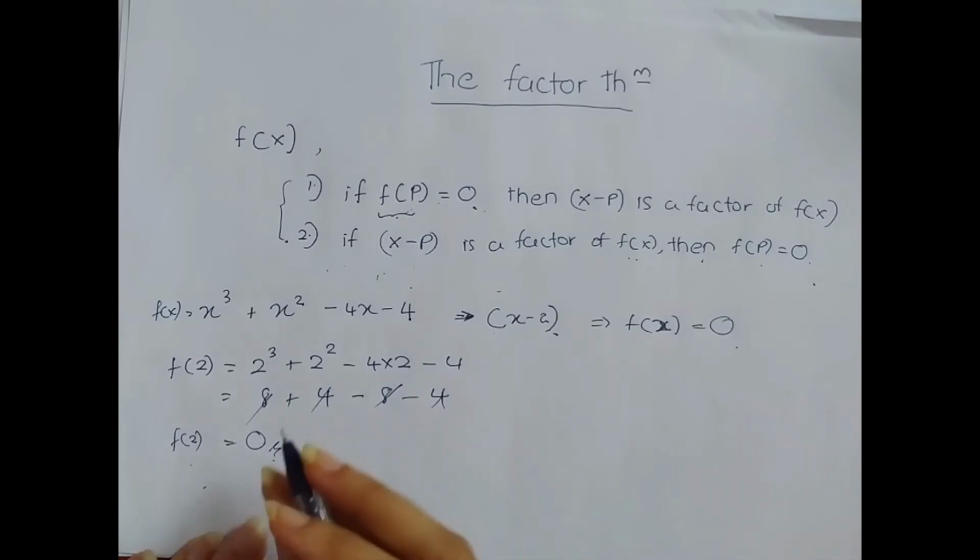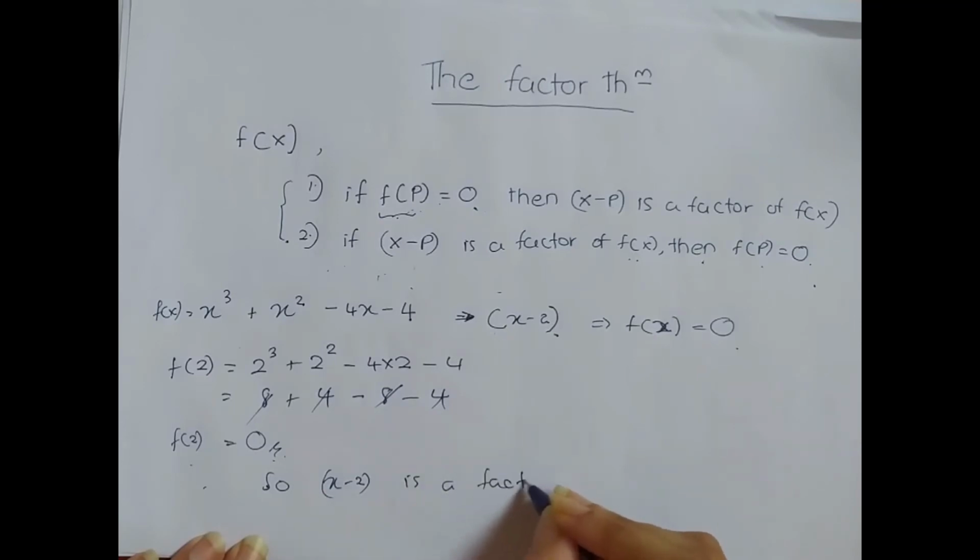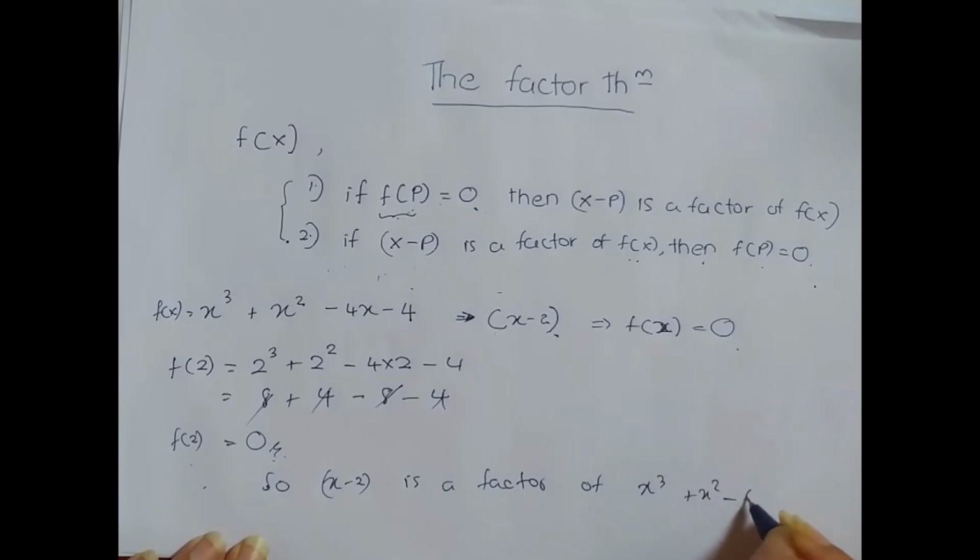So you can write, x minus 2 is a factor of x cubed plus x squared minus 4x minus 4. So this is one way of doing the sum.